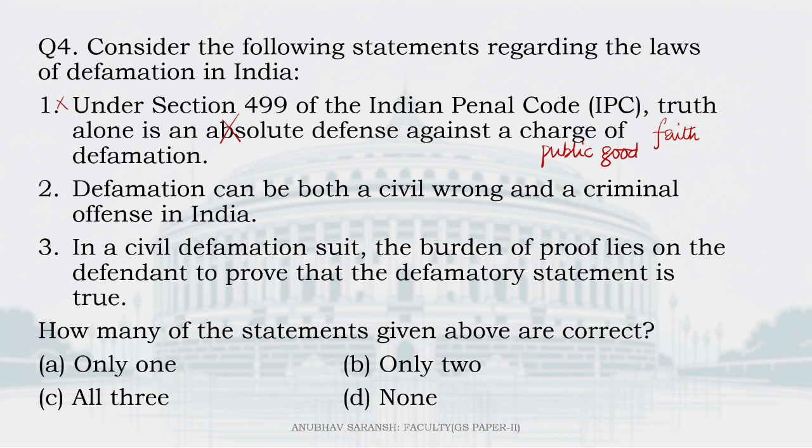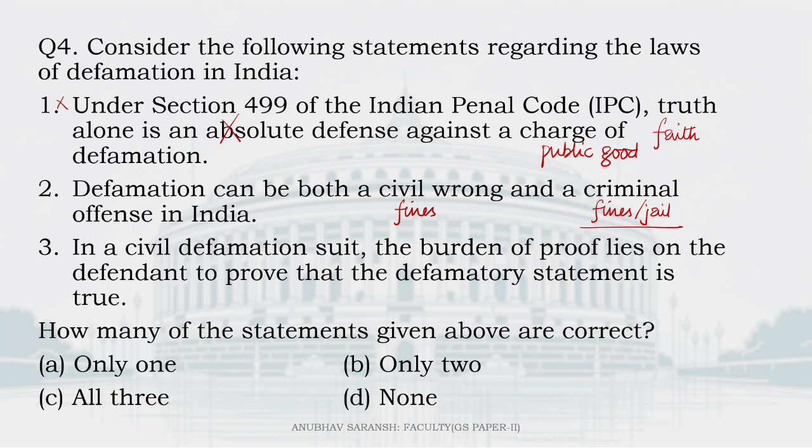So 1 is wrong. See, 2 is correct. Defamation is both civil as well as a criminal offense. This is right. Of course, you have the concept of fines, compensation. You also have the concept of jail sentence under defamation. Right?